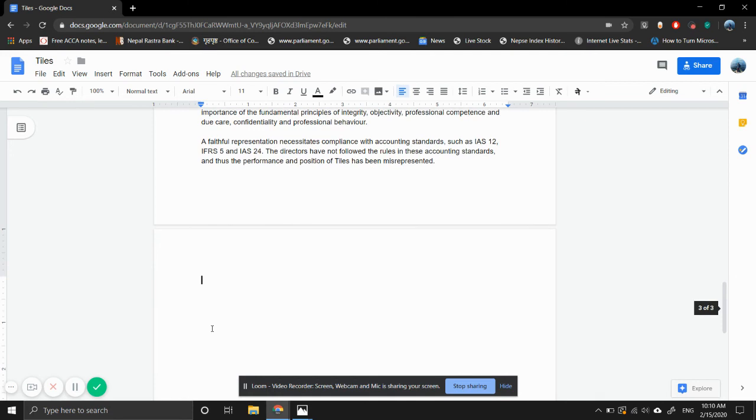So after that, let's give an example as well. For example, the recognition of the deferred tax asset has increased profit for the year.